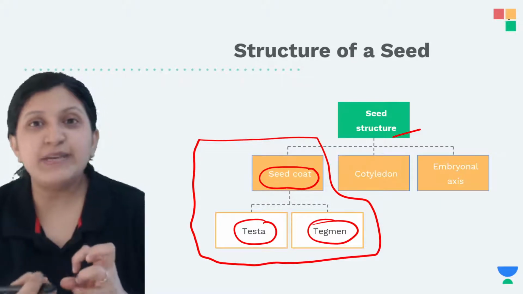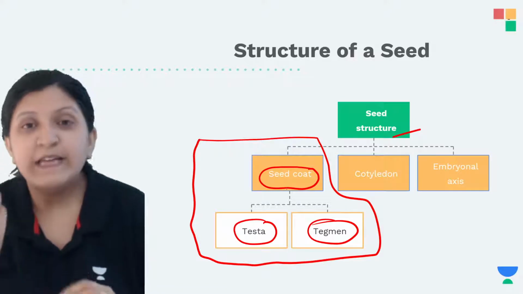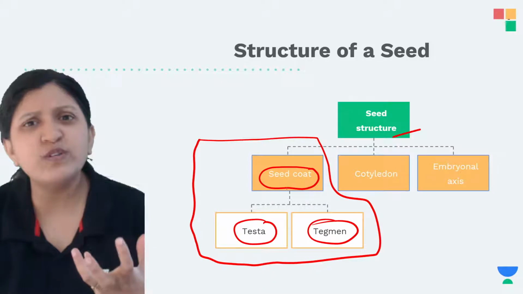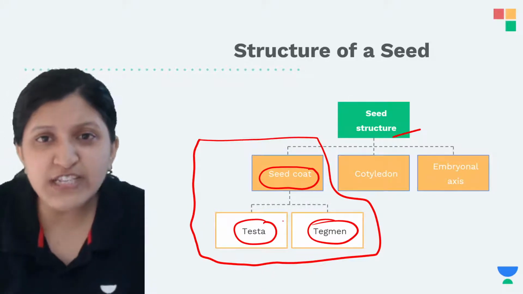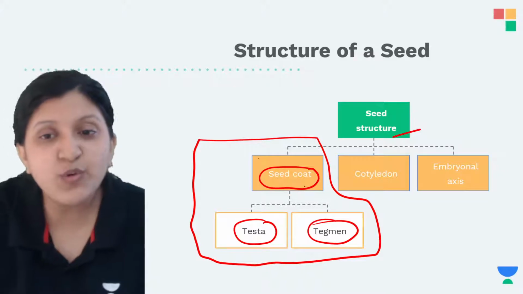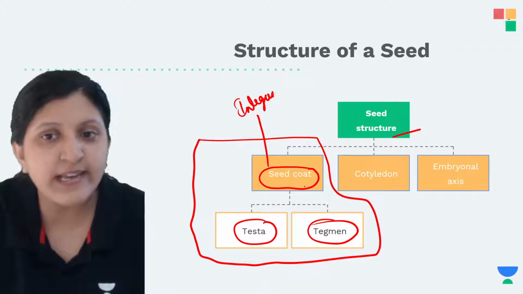Then there is the fusion of the male gamete and the female gamete, and the fusion of the polar nuclei and another male gamete. In all those cases, a lot of changes occur in the flower, mainly the plant body.